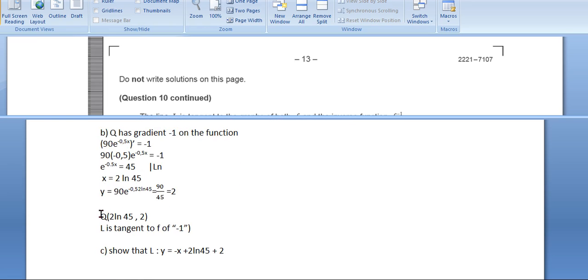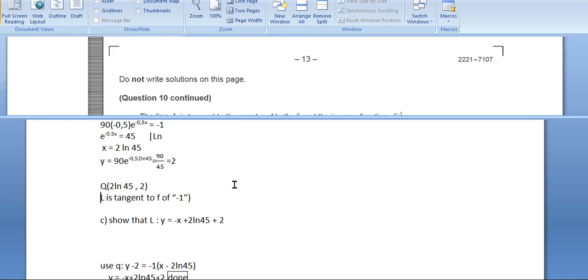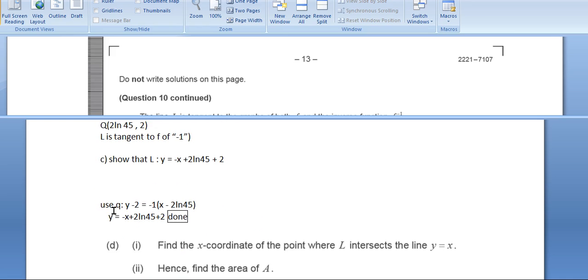So we know the position of point Q. Line L is tangent to f with gradient -1. Use point Q and gradient -1 and use the formula y minus y1 equals gradient times x minus x1. You get this function for this line.